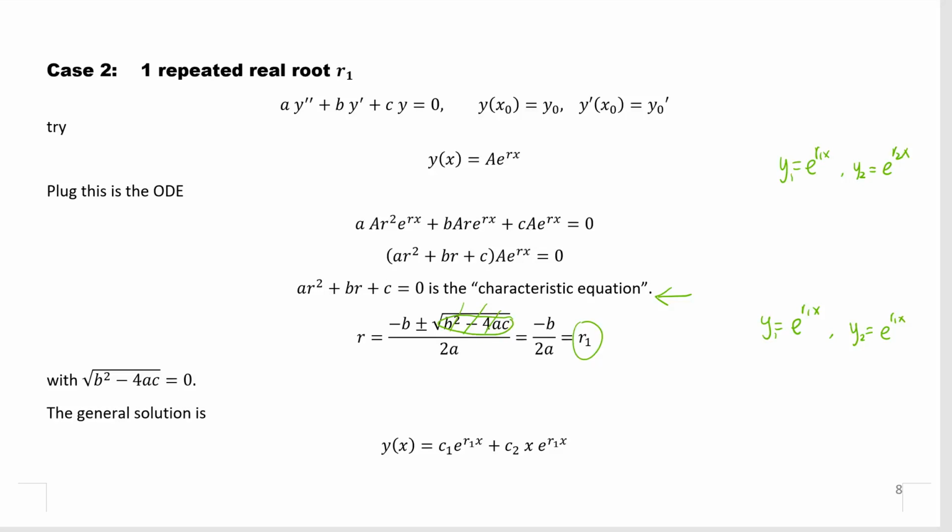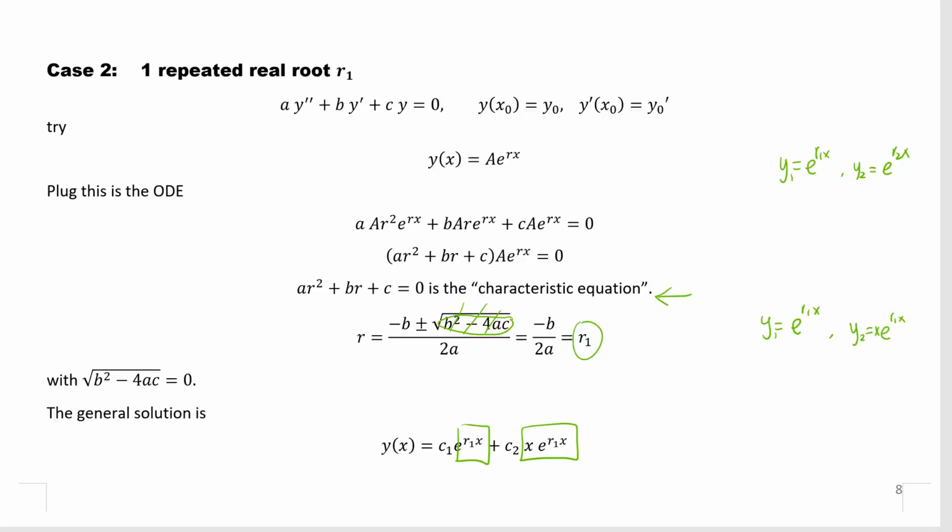Think about what function, when you take the derivative, gives e to the r1x. Put an x here, and when you take the derivative, you get something like e to the r1x. So for one repeated real root, the first solution is e to the r1x and the second solution is x times e to the r1x.